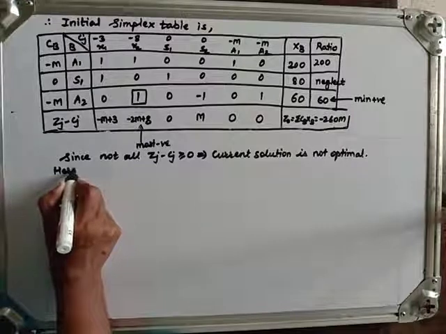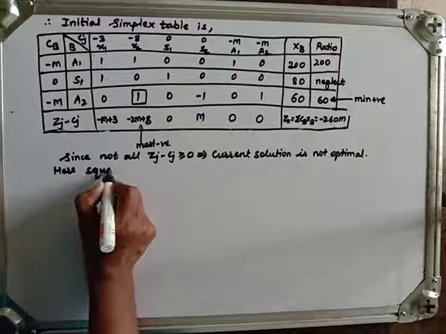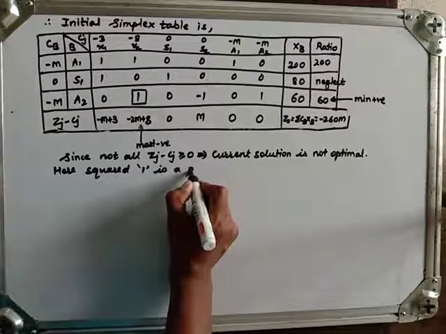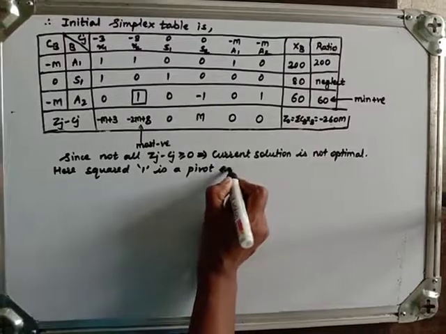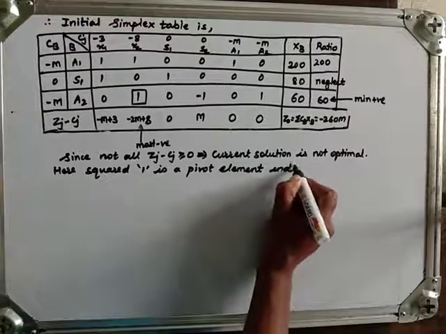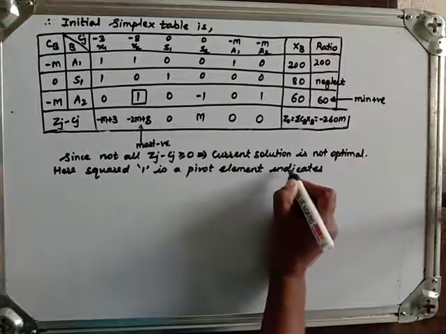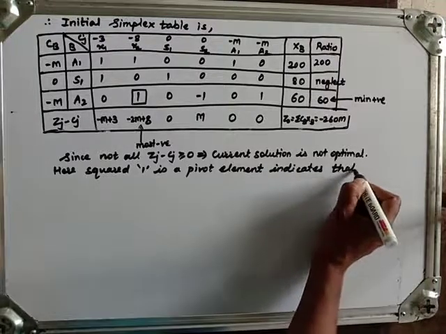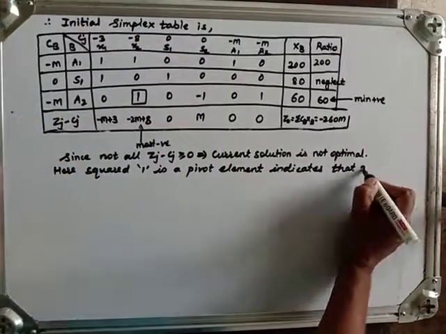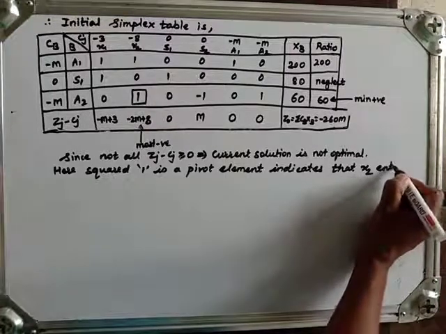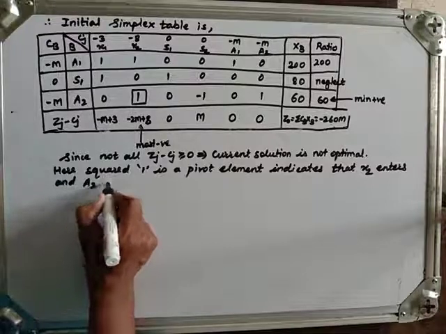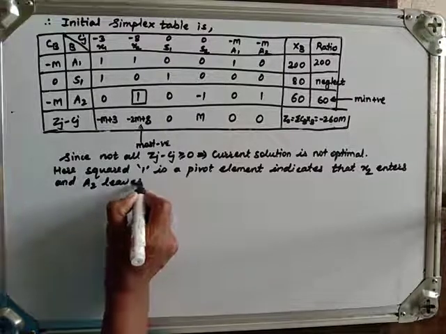Here 1 is a pivot element, indicates that x2 wants to enter in a basis and a2 will leave the basis. Indicates that x2 enters and a2 leaves the basis.